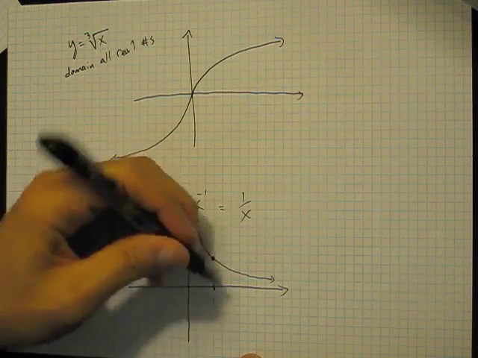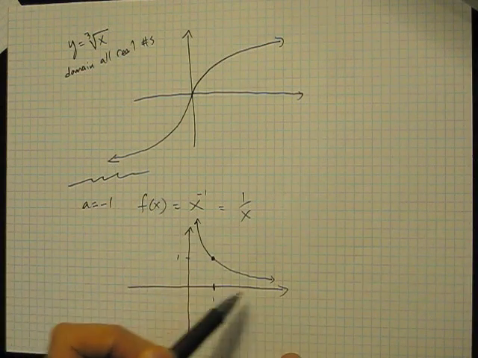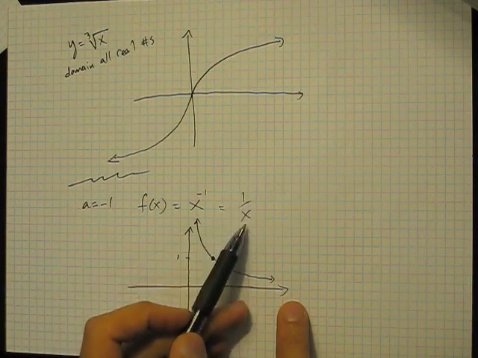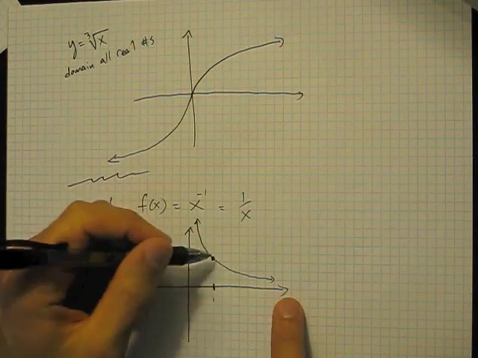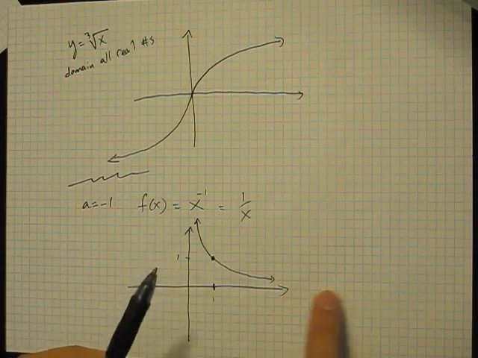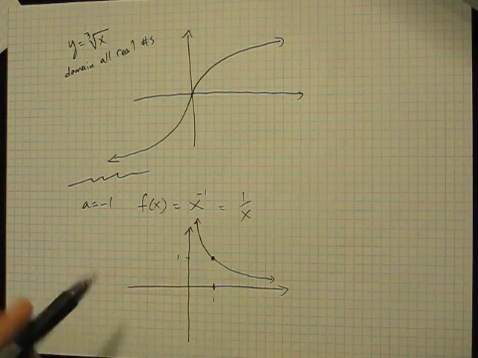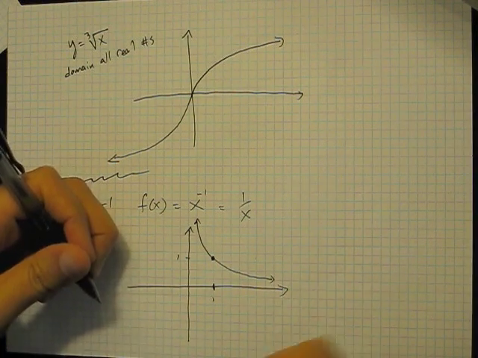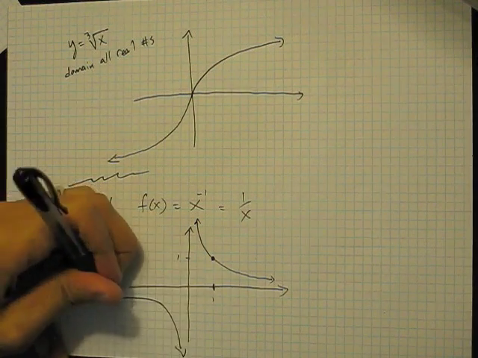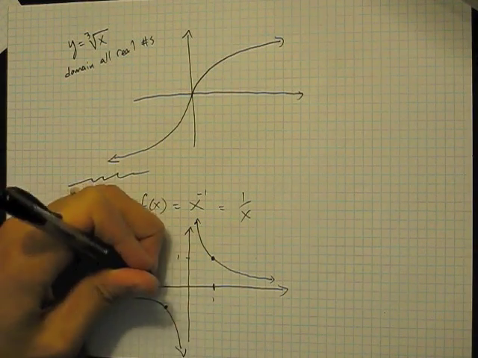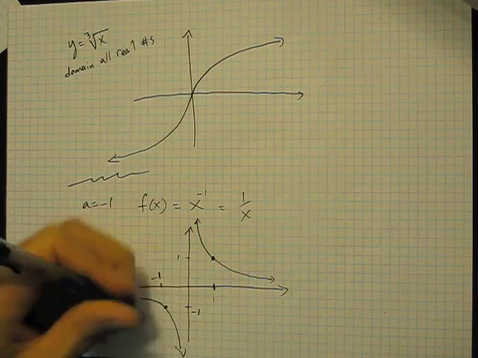And by the same reasoning, if you travel outward on the x-axis, then your output values are 1 over a very large number, so that will be getting very small. So this function approaches the x-axis in the long run. This graph has some symmetry to it, so it will pass through the point -1, -1 right here.